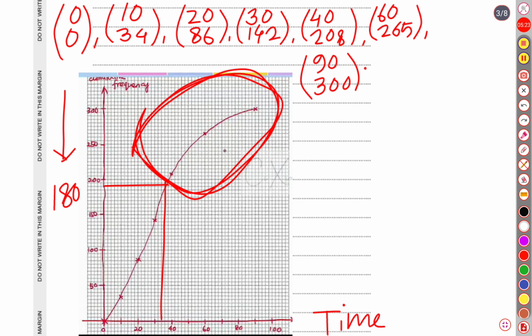Here it is 120 from the top. Let me write here 120. Then from the bottom it is actually 180. So this is how you will calculate.